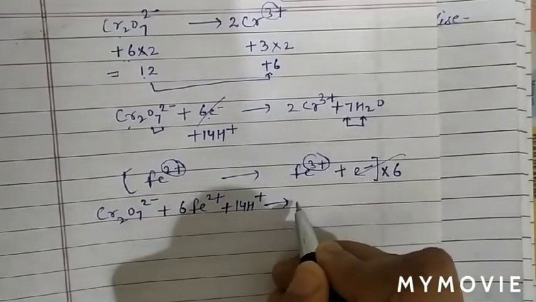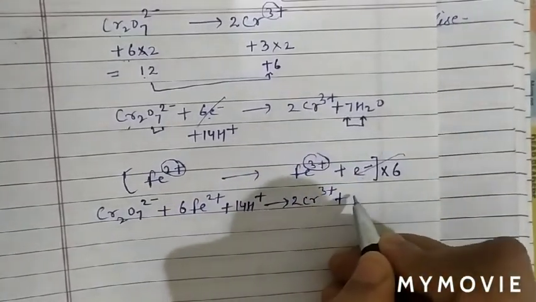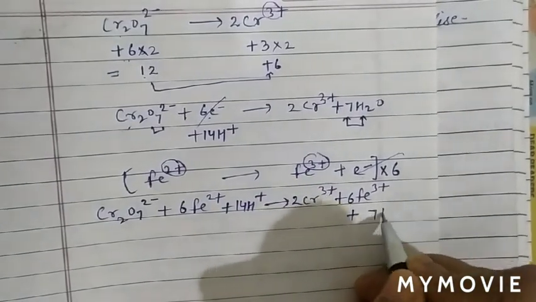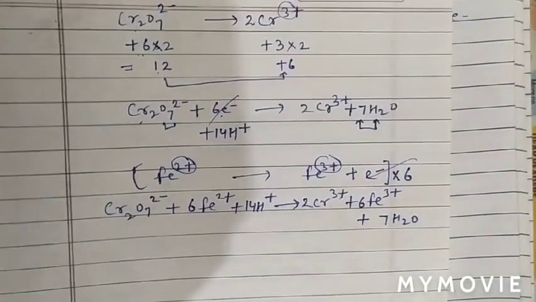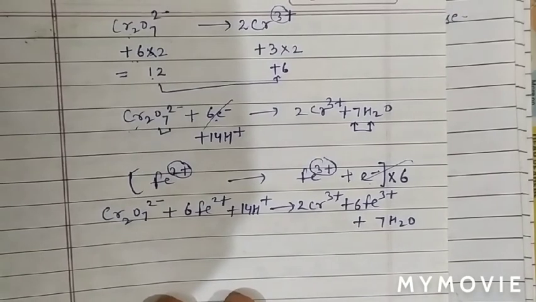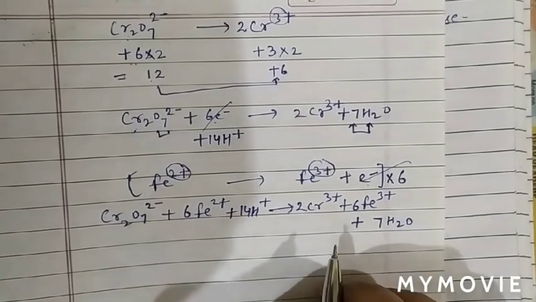In this case K2Cr2O7 acts as an oxidizing agent in acidic medium. It reduces itself from plus 6 to plus 3, a decrease in oxidation number, self reduction, and there is an increase in oxidation number of iron from plus 2 to plus 3. So it acts as a strong oxidizing agent in acidic medium.